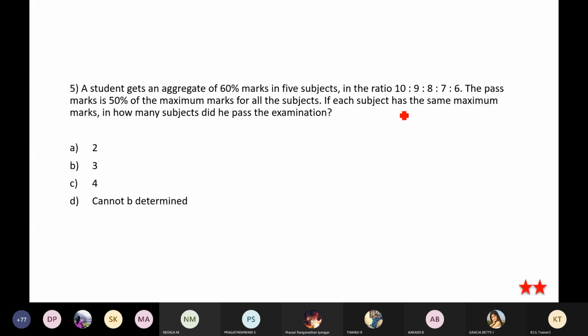If each subject has the same maximum marks, then in how many subjects did he actually pass the examination? That's the question. Again, I'll give you guys a minute. Think about this question.